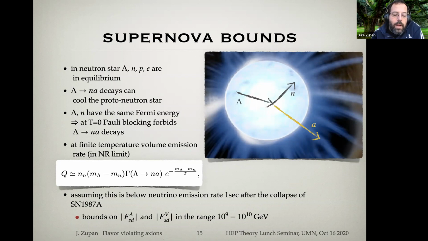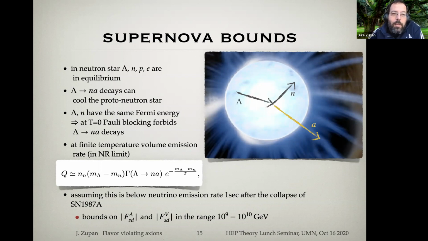You have the energy that is emitted, so the lambda mass minus the neutron mass, then the number density of these particles that we have around, the decay width, and then there's the temperature suppression, right? And this very simple thing agrees with the Pauli blocking expressions within, let's say, 40 or 50%.